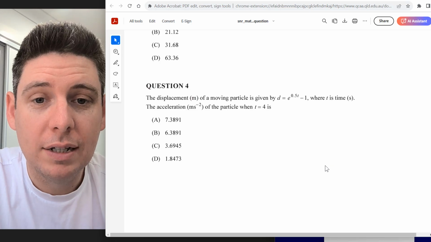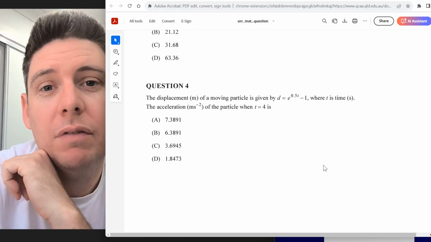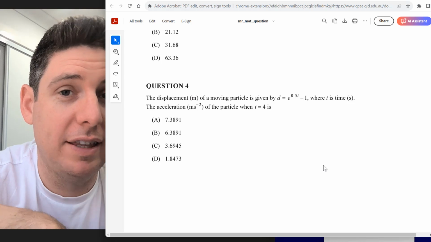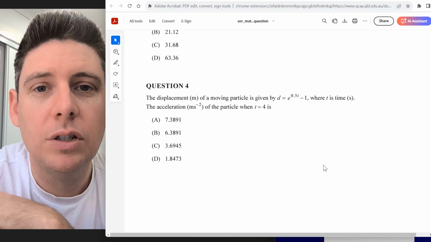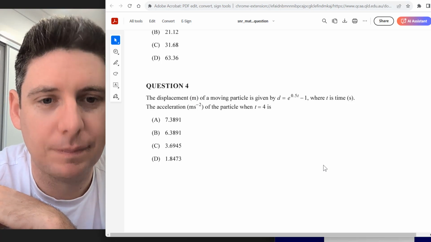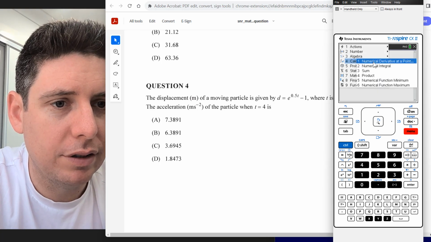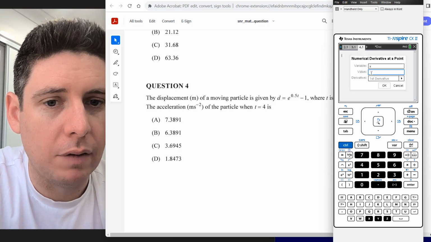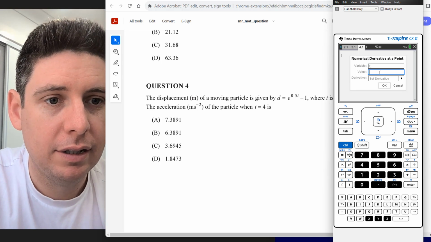Question 4, displacement of a moving particle. So displacement, velocity, acceleration, there's probably some sort of hint that, oh, we've got to use integration or differentiation. So we're going from displacement to acceleration, so we are differentiating. So I think if we just use this derivative at a point again, and we've got, let's make it t.